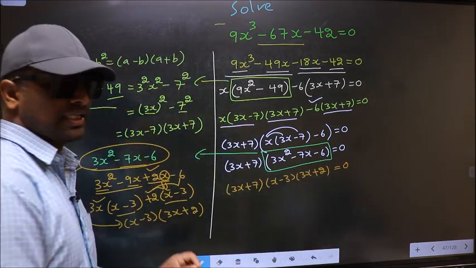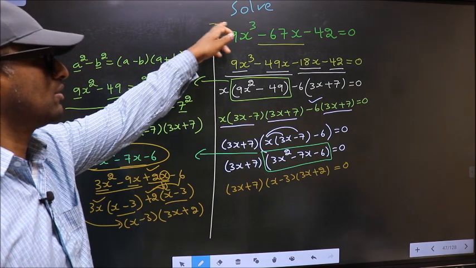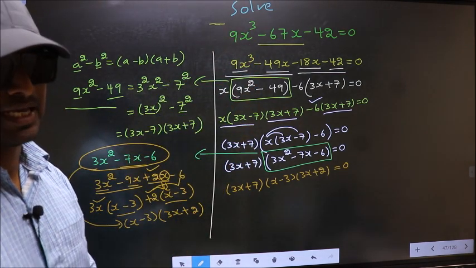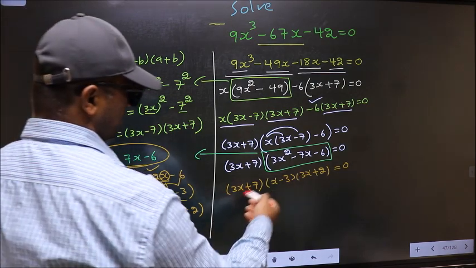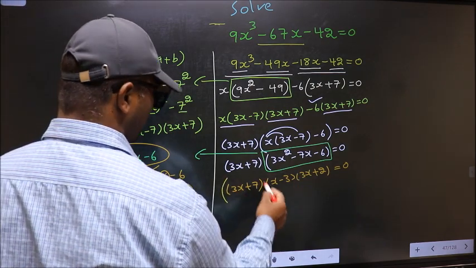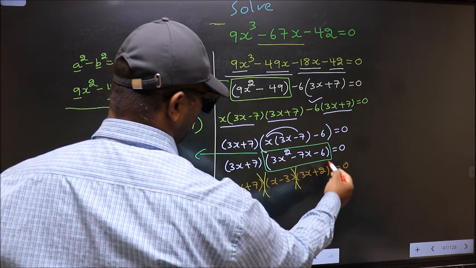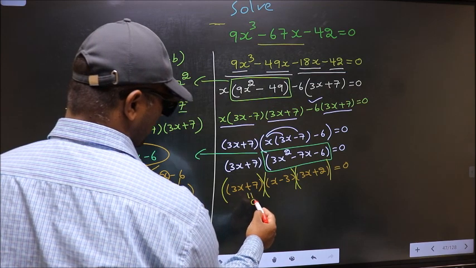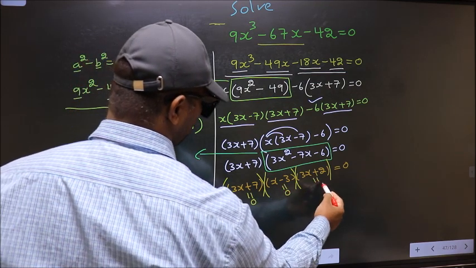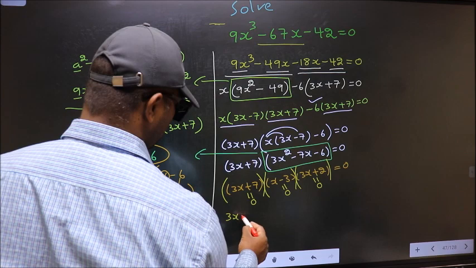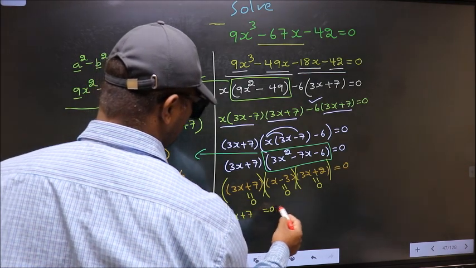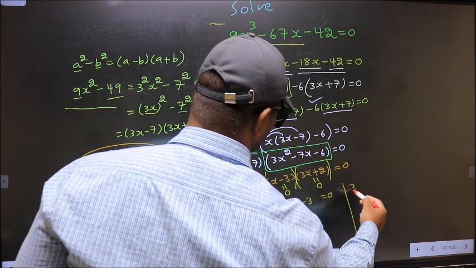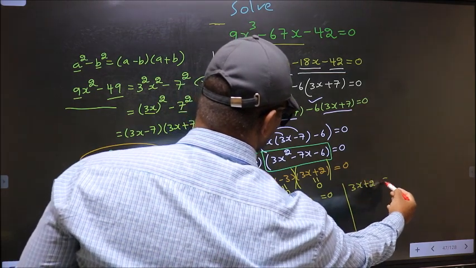Here they told us to solve, which means we should get the values of x, and over here we got product of brackets equal to 0. So to get x values, we should equate each bracket to 0. That is 3x plus 7 equal to 0, x minus 3 equal to 0, 3x plus 2 equal to 0.